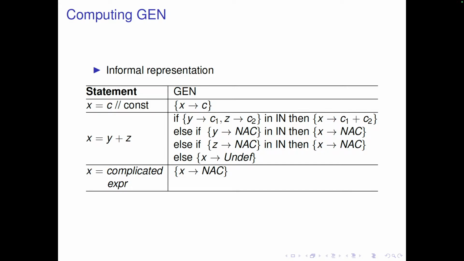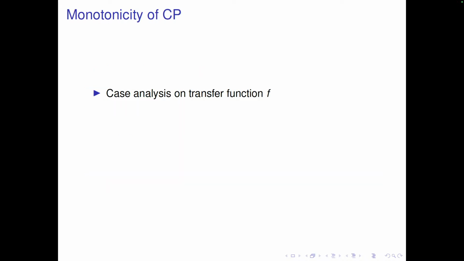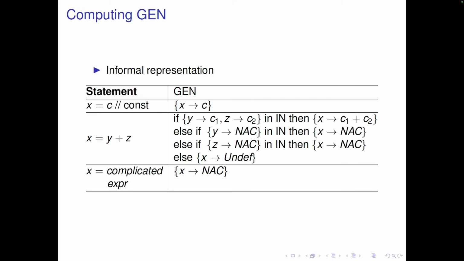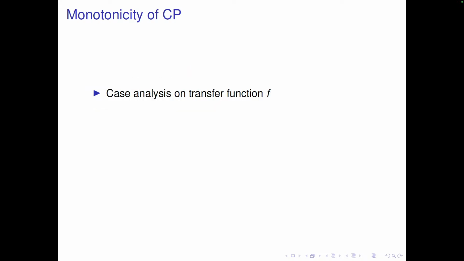That is a guarantee. How do you prove this function is monotonic? I don't know if you did it for others, but it is slightly involved. It requires case analysis on this transfer function f, whatever we talked about. This is our f, whole thing. You have to know that in the lattice, NAC has less information than C, and C has less information than undef. C can be any constant.